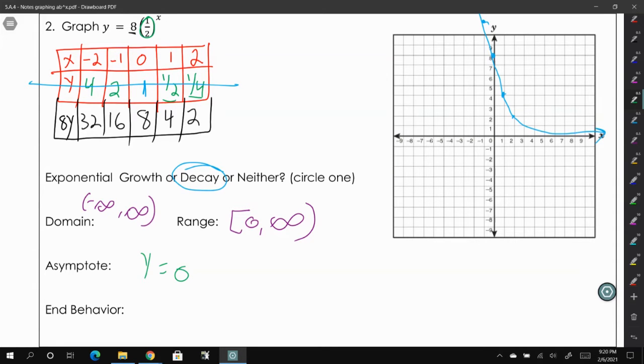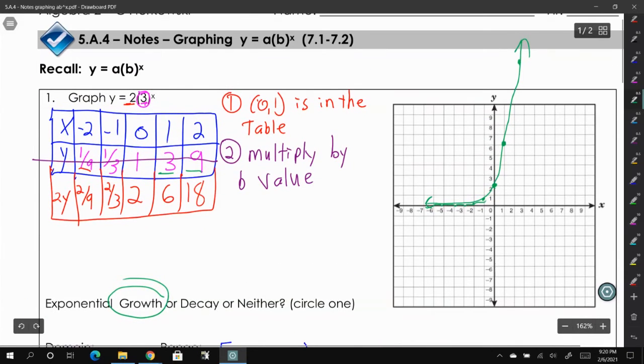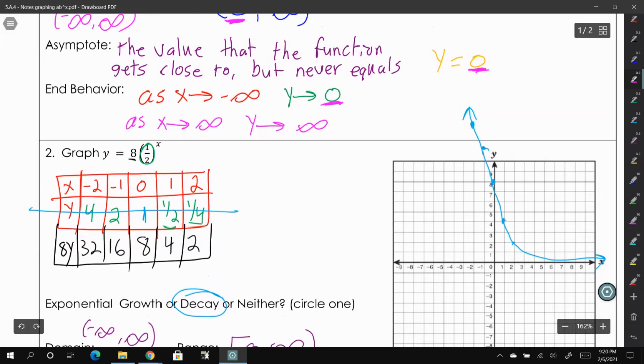Now for the end behavior, it's going to be the opposite of what we had up here. Look at up here, the right side of the graph is going up. Down here, it's the left side that's going up. The left side of my graph has the arrow pointing up.